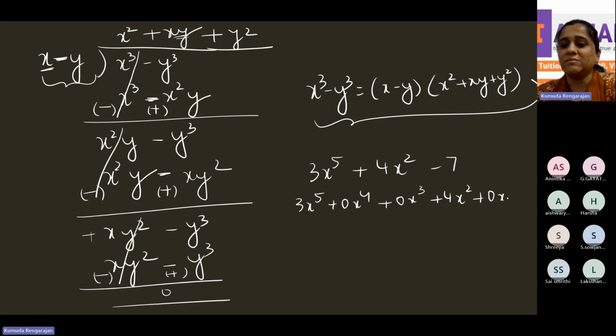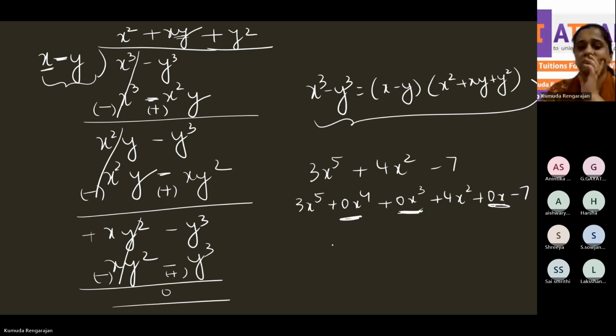Plus 0x and then minus 7. This one I have not told you. Even if you don't do this, you will still get the correct answer. It is not mandatory. Sometimes if she or he teaches you division, they might introduce the missing terms like this. It is not needed.